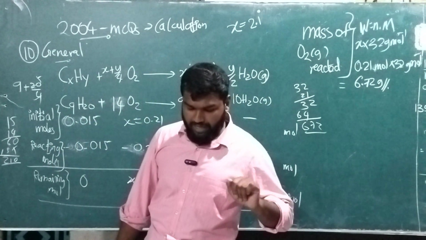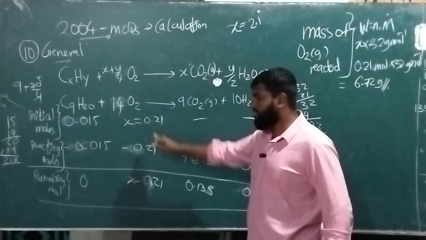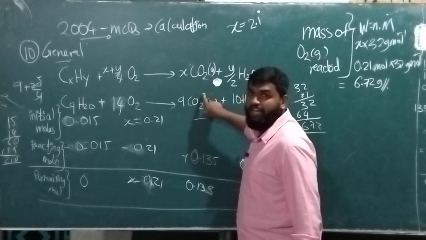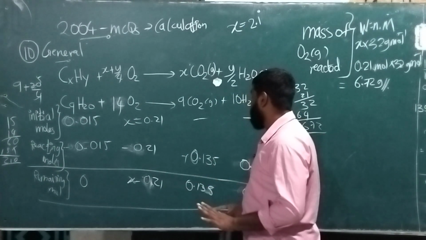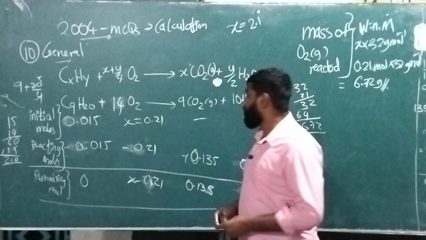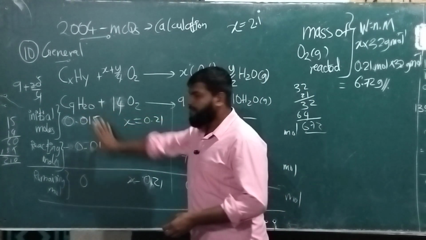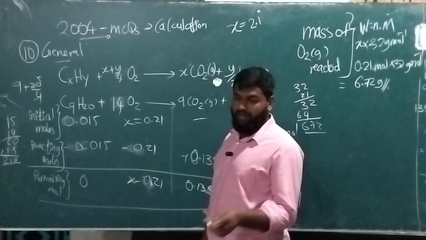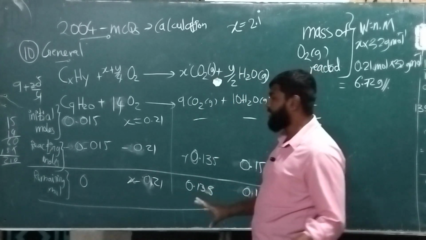So here you have to be careful when you're taking the initial moles of oxygen, because they said the final products are carbon dioxide and water vapor only. They have just given the masses here. One more thing, shortly, you can consider these two only, right? Why? Because they said only carbon dioxide and water vapor. This is the short method.